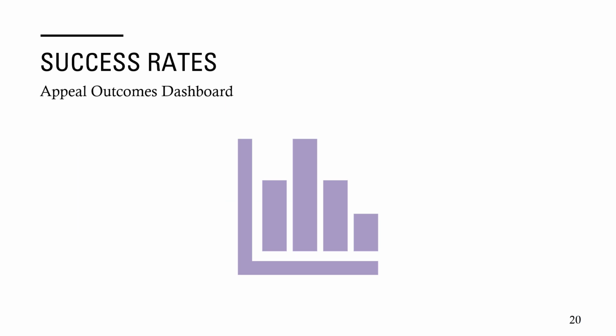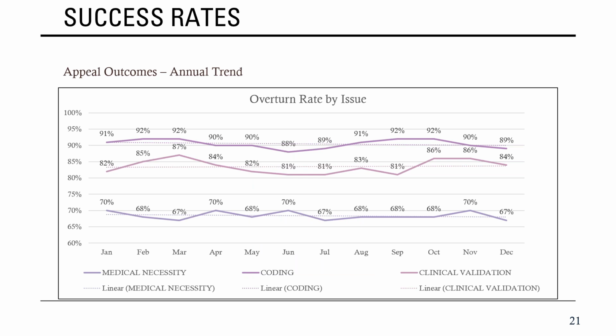Okay, so let's talk about success rate, our appeals outcomes dashboards. Are you getting the overturns or the successes that you anticipate or that you expect? So this is one overturn rate, and this is an annual trend, and this is by issue.